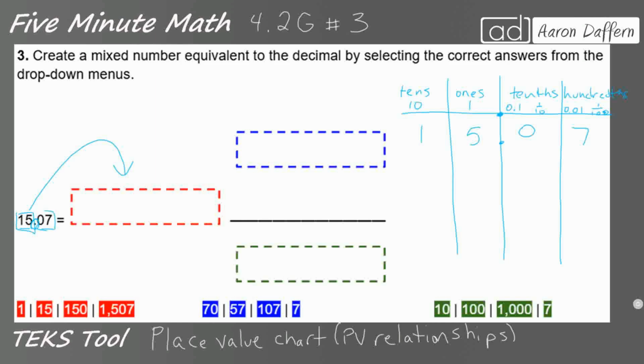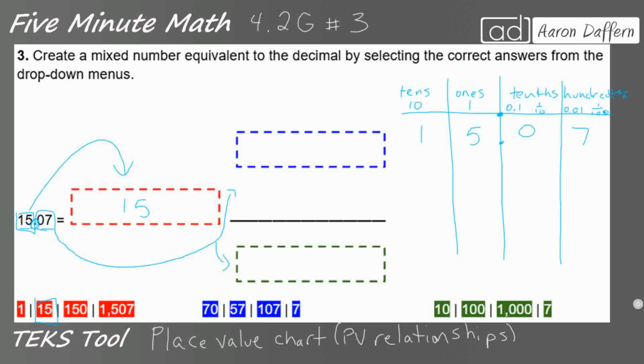And then this 07 is going to be represented by both top and bottom of the fraction, the numerator and the denominator. So the easiest thing is going to be the 15, right? So we can put that right here. And we can say, all right, so I've got 15 whole numbers. It's 15 ones. That's the easy part.